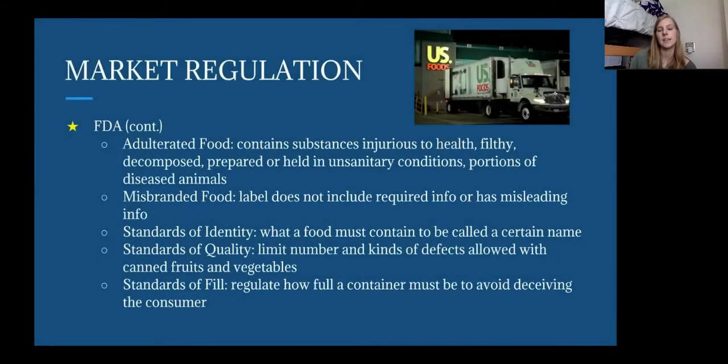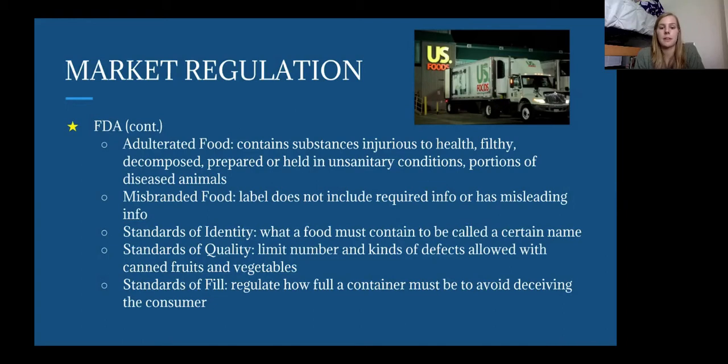The FDA is another big part of market regulation, and they have some food definitions that are very important. Adulterated food contains substances injurious to health, might be filthy, decomposed, prepared or held in unsanitary conditions, or contain portions of diseased animals.